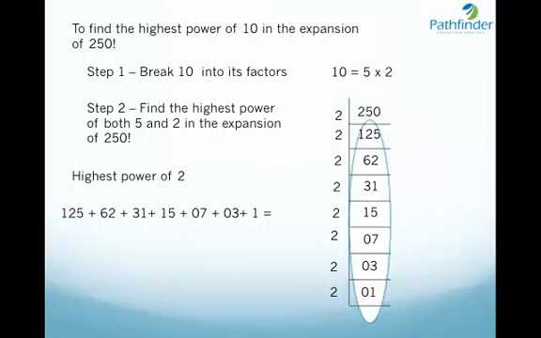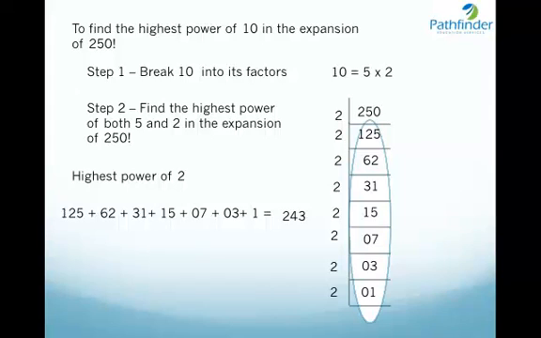So what is that addition? 125 plus 62 plus 31 plus 15 plus 7 plus 3 plus 1 is equal to 243. So we got the first part of our solution, the highest power of 2, which is equal to 243.